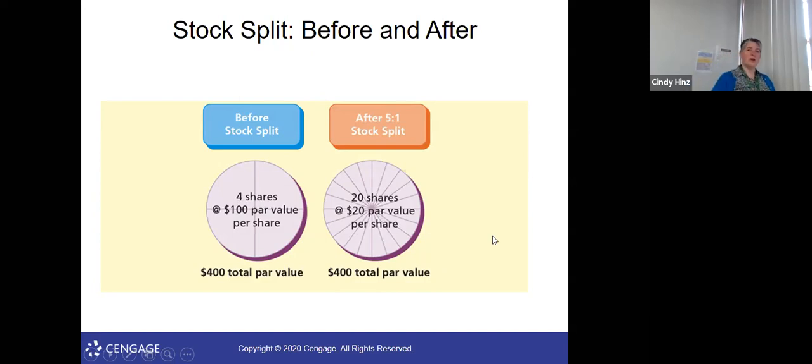So you had 1 share, now you have 5, but each one is worth 1/5 the amount that it was before. So again, your ownership stake in the company hasn't really changed. If you had 1 of the shares before, you still own 1/4 of the company. But it's just 5 out of the 20 instead of 1 out of the 4.